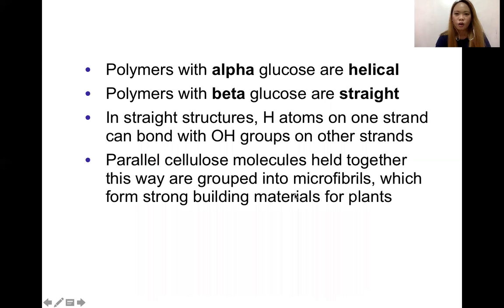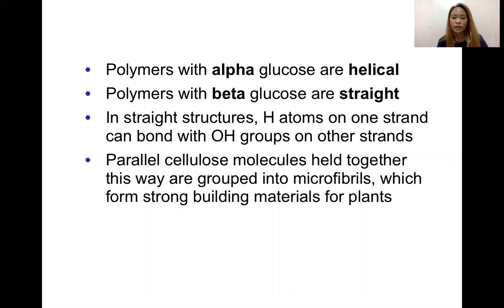Okay, so again, polymers with alpha 1, 4 glycosidic bonds form helices, whereas your polymers of the beta 1, 4 linkage are always straight because they can be stacked up with one another. They can form straight sheets. Your starch is found in plant cells, and it is storage for extra food.